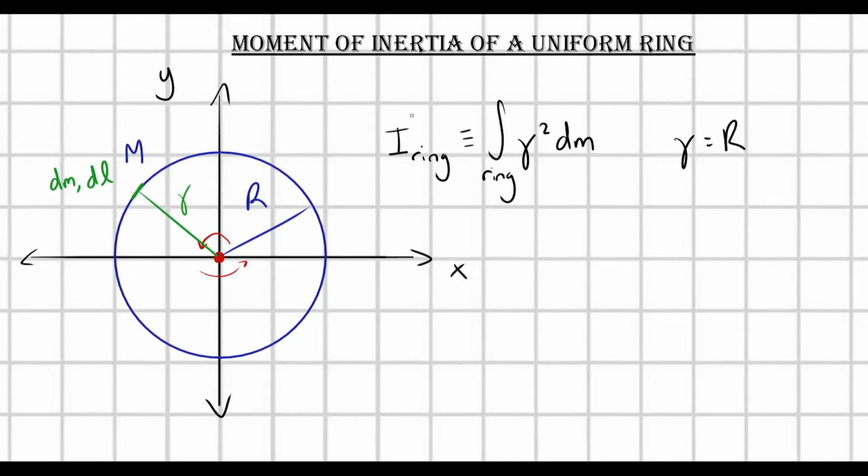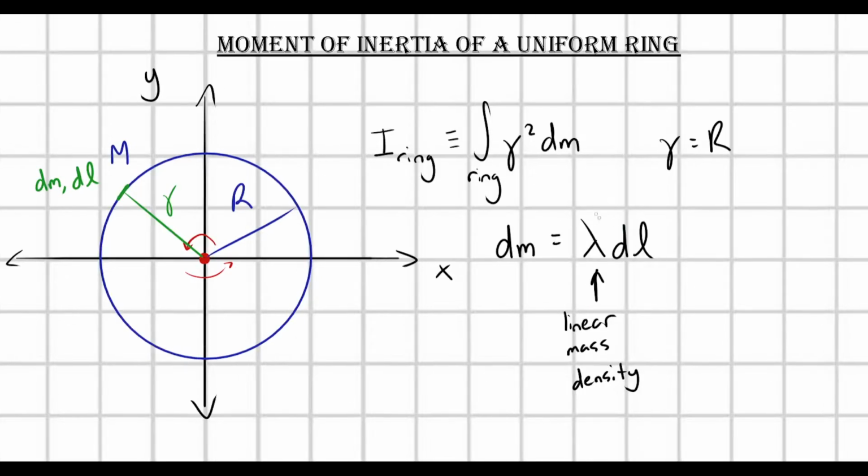Cool. Now dm is going to be equal to, just as usual, lambda, where lambda is the linear mass density, times dl, right? Just take your linear mass density, multiply by our little infinitesimal length elements, and that's going to give you the little infinitesimal mass.